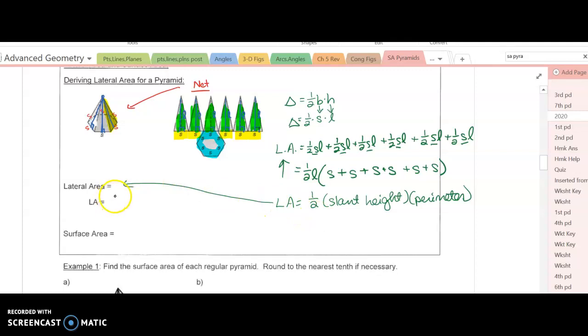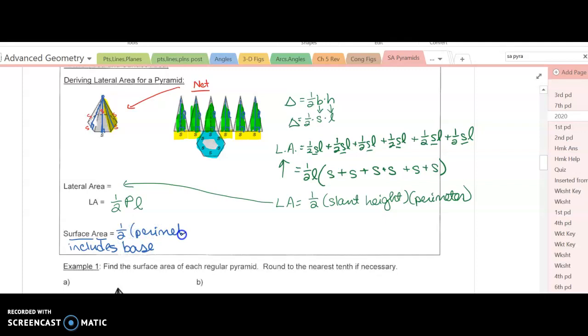A lot of times you'll see it written as 1/2 P times little l, big P representing perimeter, little l representing slant height. And then the only difference between that and surface area is that surface area includes the base, right? And so we're just going to write this as 1/2 times perimeter.